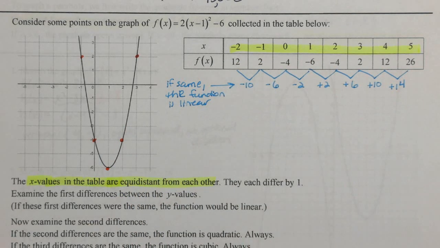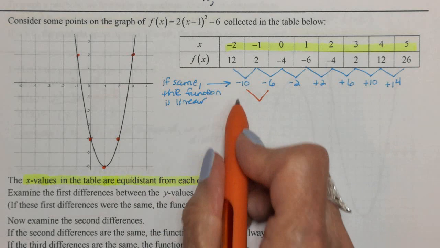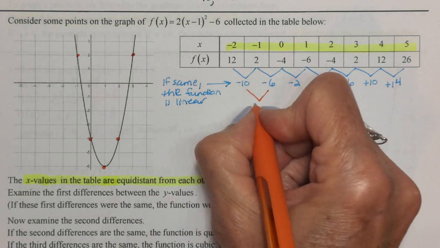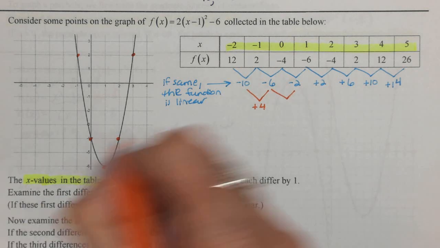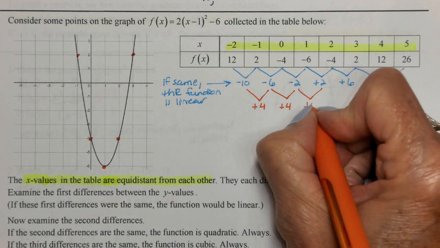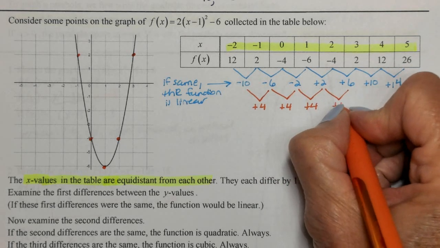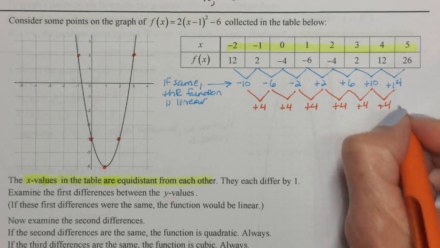Okay. Now we're going to examine the second differences. So what do you do to negative 10 to get to negative 6? You add 4. What do you do to negative 6 to get to negative 2? You add 4. Negative 2 to 2, you add 4. 2 to 6, you add 4. 6 to 10, you add 4. And you add 4 again.